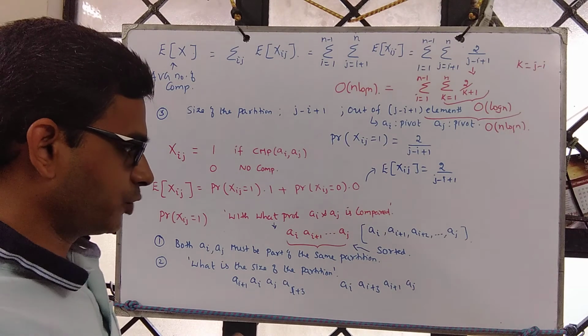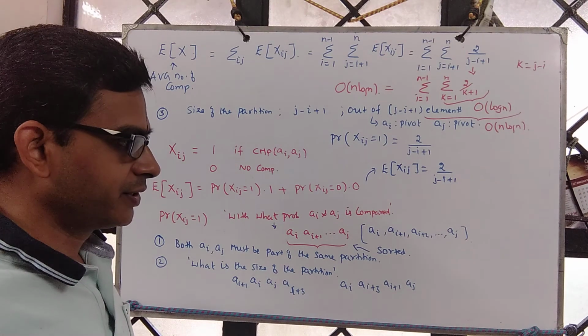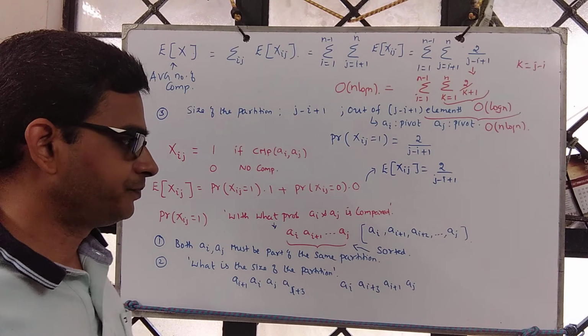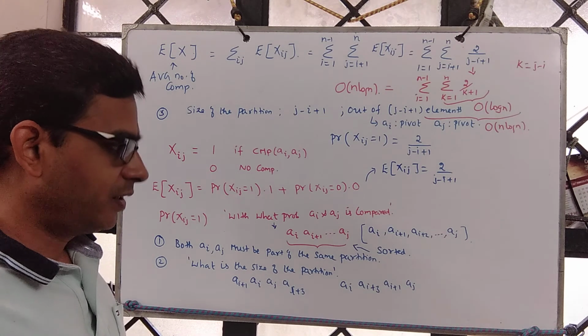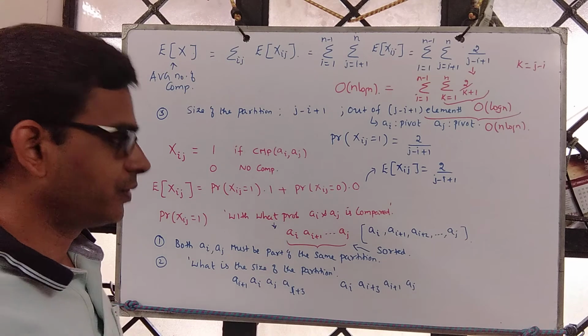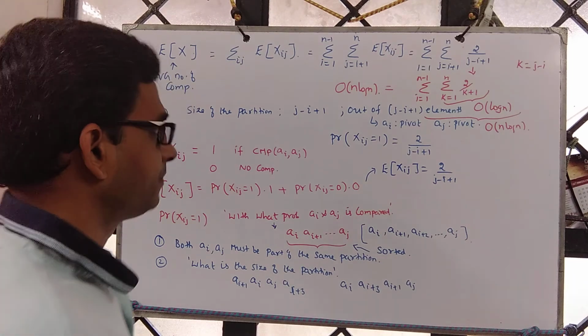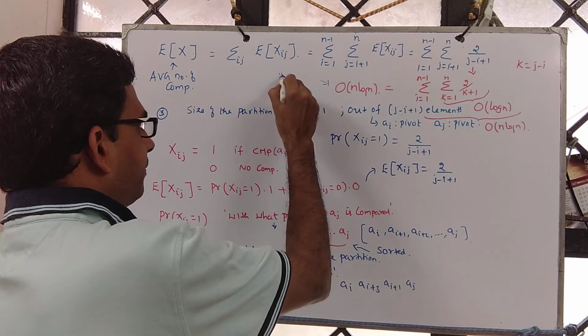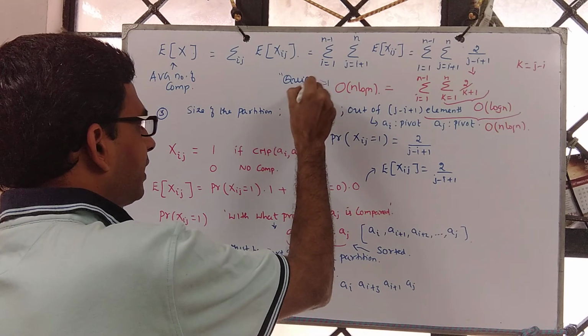So this is one approach, an approach where we estimate the expected number of comparisons. And we see that it is close to the best case, and in fact it is because of that it gets the name quick.